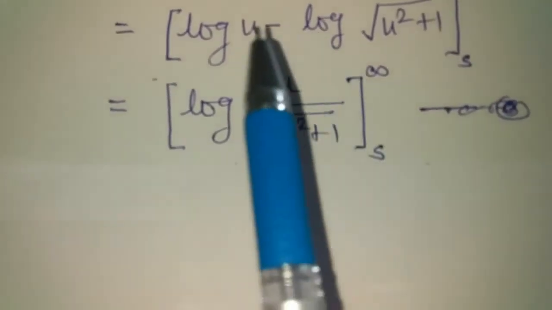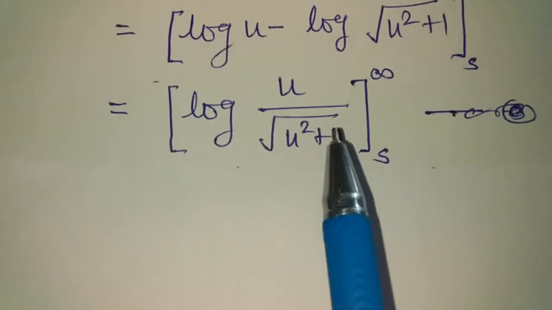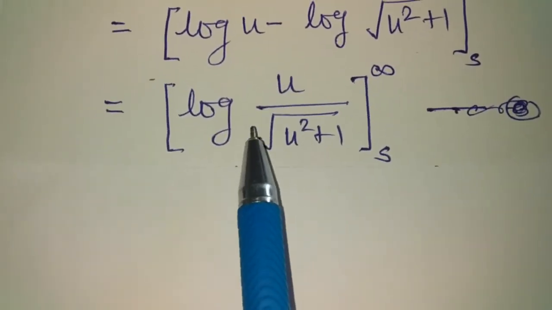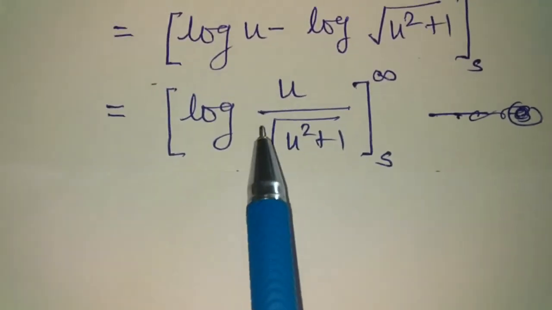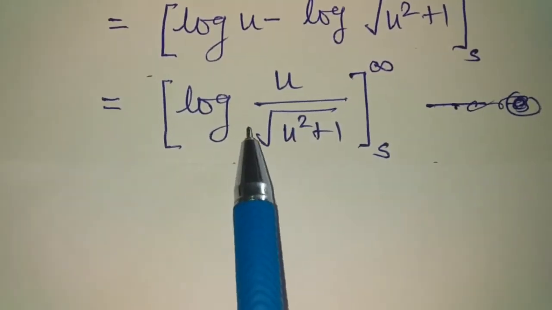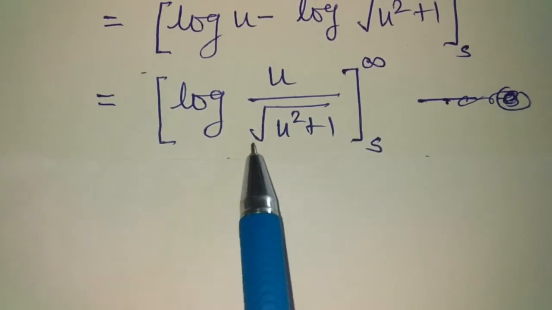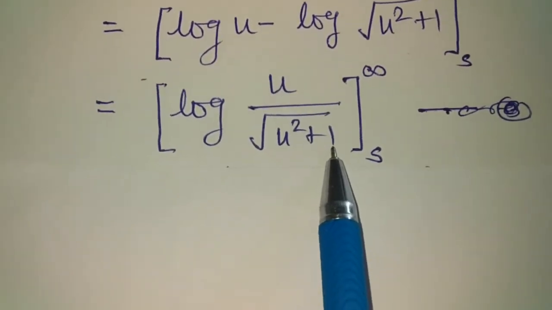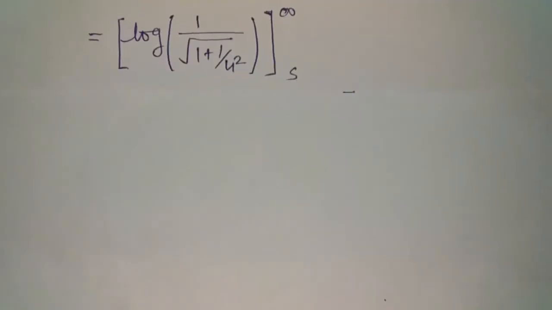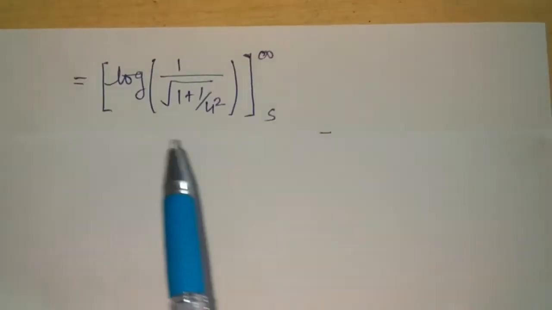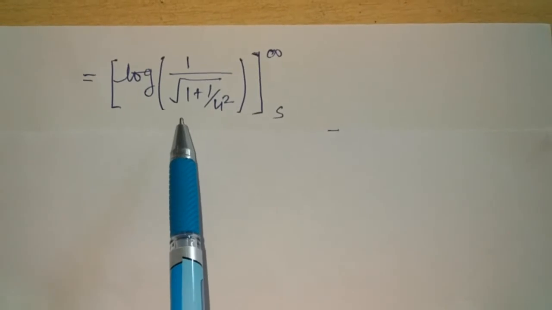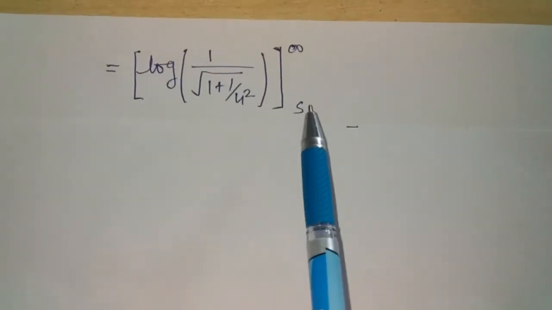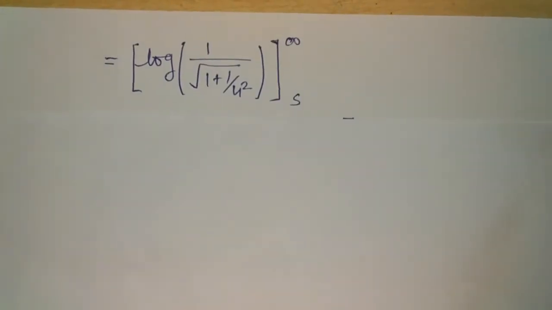So to resolve this undefined form, we take u square common in the denominator. So we get u outside the sign of square root, and then u to u cancel, and in the sign of square root we get 1 plus 1 upon u square. So we have log of 1 upon square root of 1 plus 1 upon u square. The limit of integration is s to infinity.